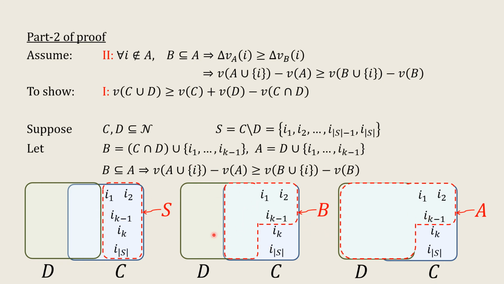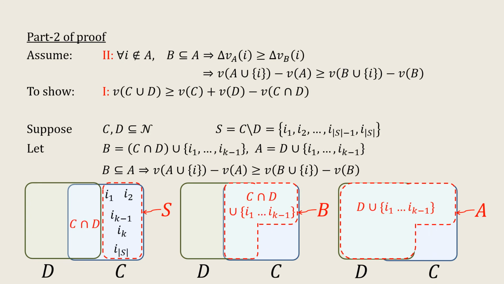So B equals, first note that this is C intersection D. And so B is C intersection D union these I1, I2 until Ik minus 1. And A is a superset of B. It's all of D plus these agents I1, I2 until Ik minus 1.